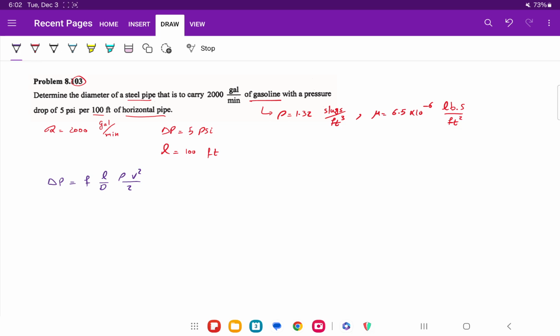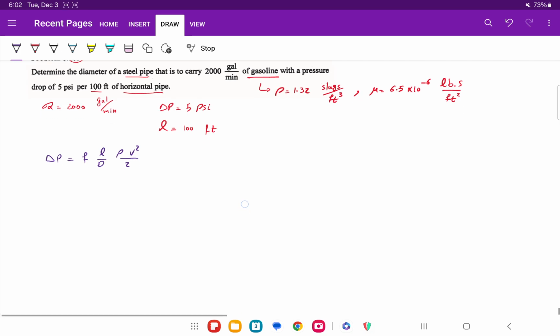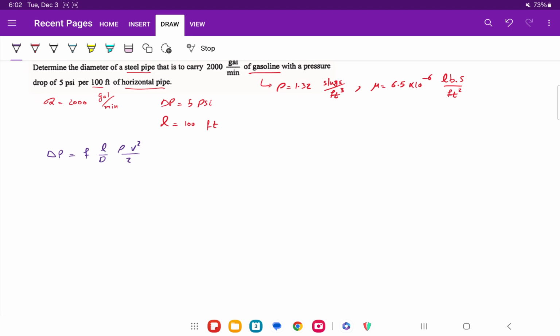Since this is a horizontal pipe with a constant diameter. If the diameter wasn't fixed, you would have to write down the energy equation.